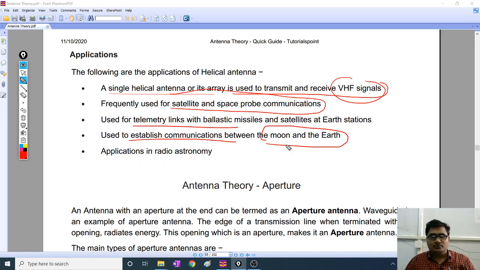So that's why moon to earth communication is established by using special antennas like helix antennas. Radio astronomy is the biggest application nowadays. Not nowadays actually, they have been using it for many years. Okay, so those are some applications of helix antenna.